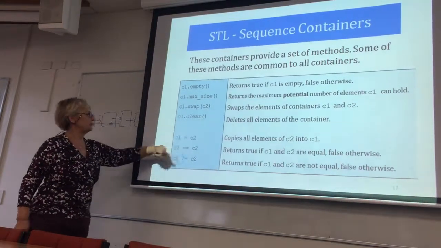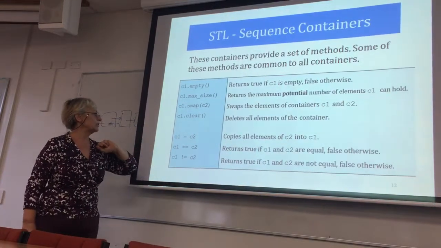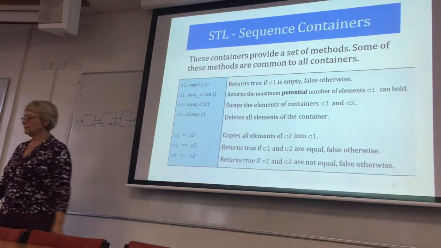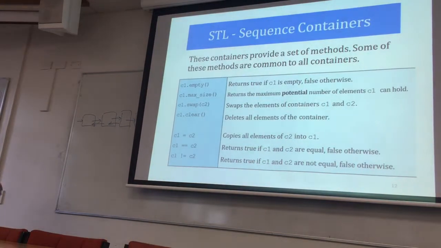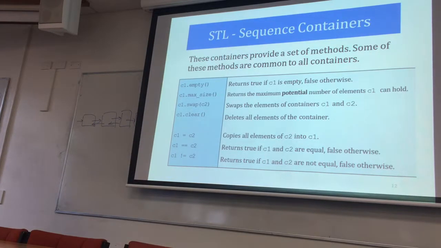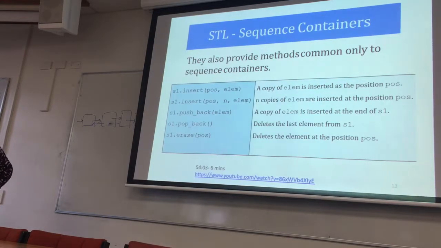Assignment operator, which makes copying, deep copying. Test for equality, test for difference. They are not the same. Equal means the same elements, the same size, and so on and so forth. So these are common to all the containers we have talked about.